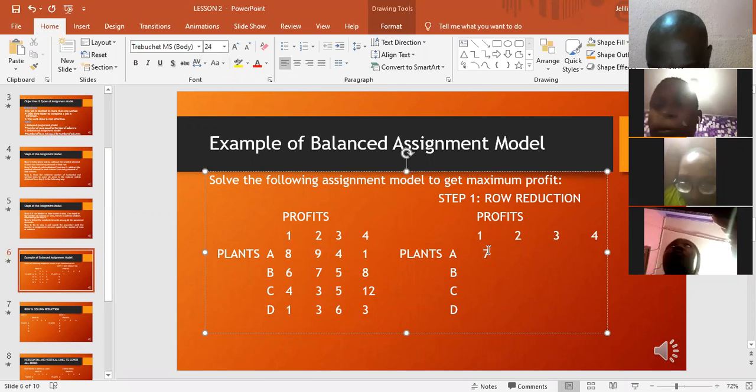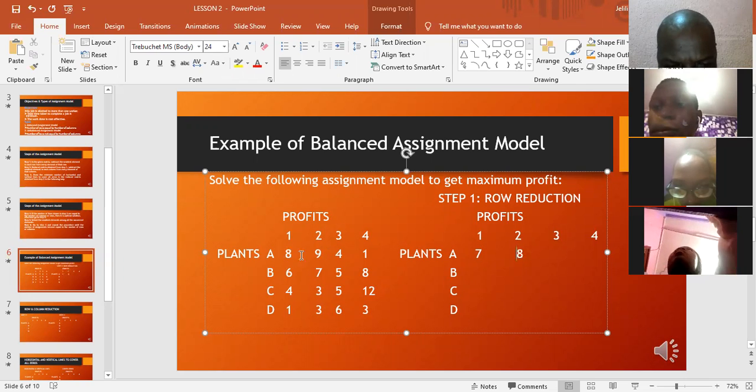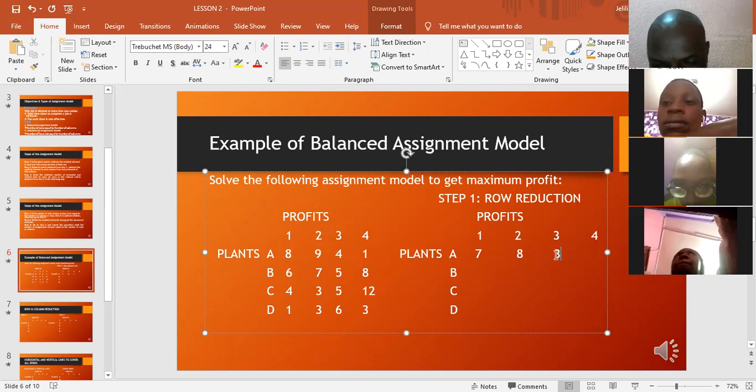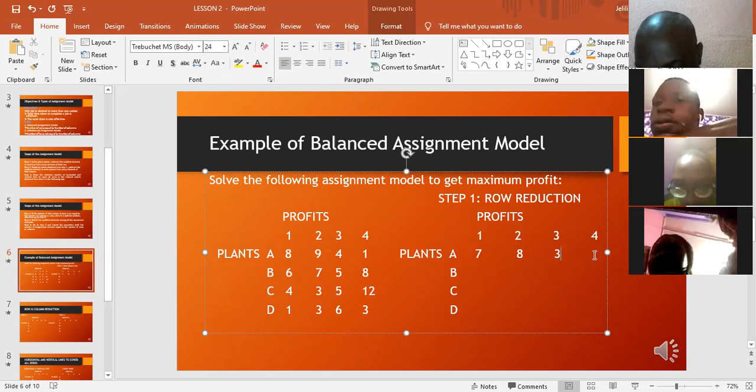So we put 7 here. The next one, 9 minus 1 gives us what? 8. We put the 8 under 2. Then the third one, 4 minus 1 is what? 3. So we put the 3 here. And the last one, 1 minus 1 gives us what? 0. So we put 0 here.